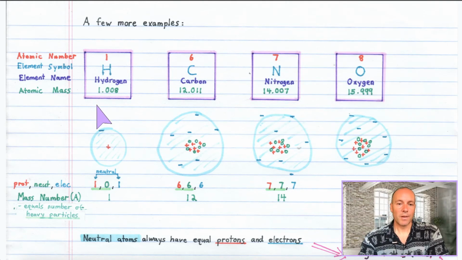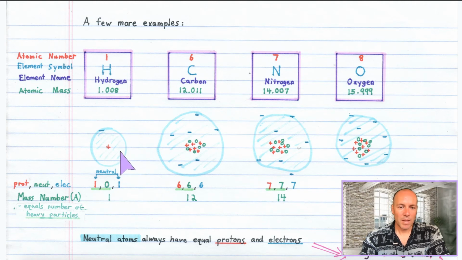Now, here are some models of these atoms. So here is a model of a hydrogen atom, a carbon atom, a nitrogen atom, and an oxygen atom. And so the atoms tell us a little bit about the element.